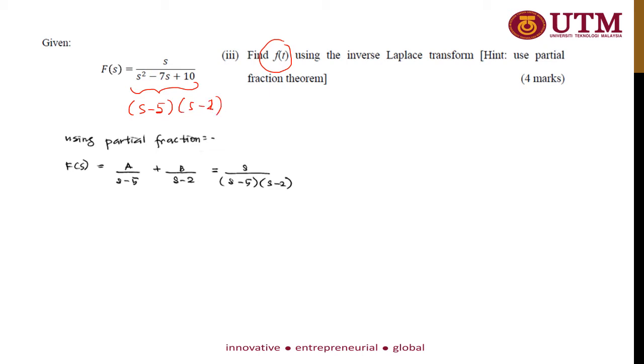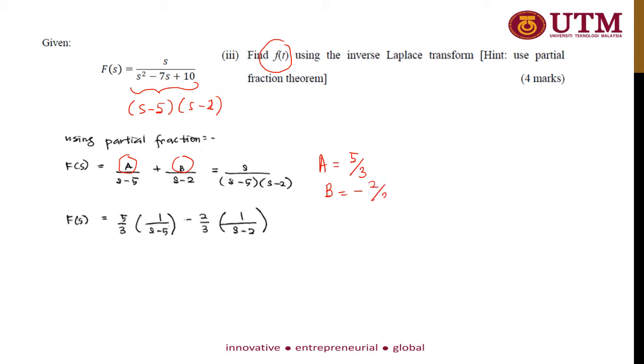So the equation can be divided into two components, A over (s minus 5) plus B over (s minus 2). You need to find what is A and what is B. From the calculation, A equals 5 over 3, while B equals minus 2 over 3.